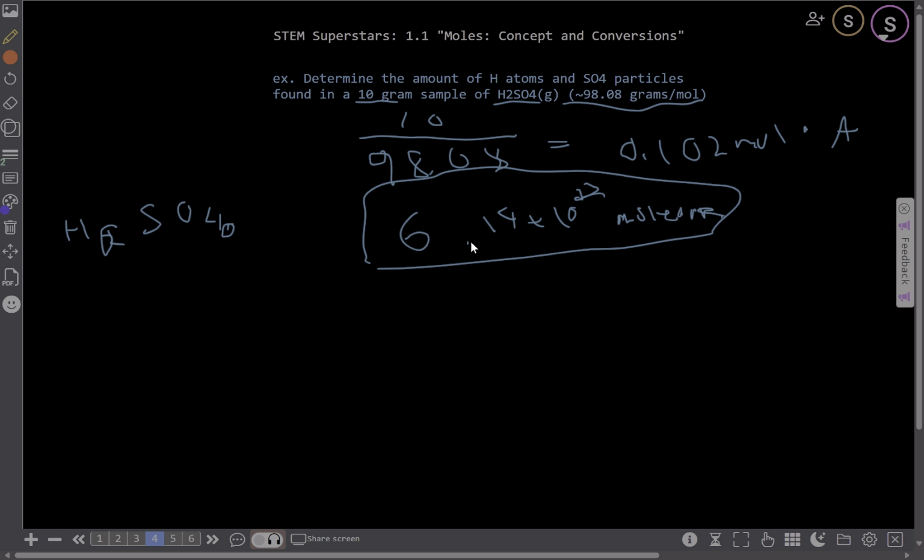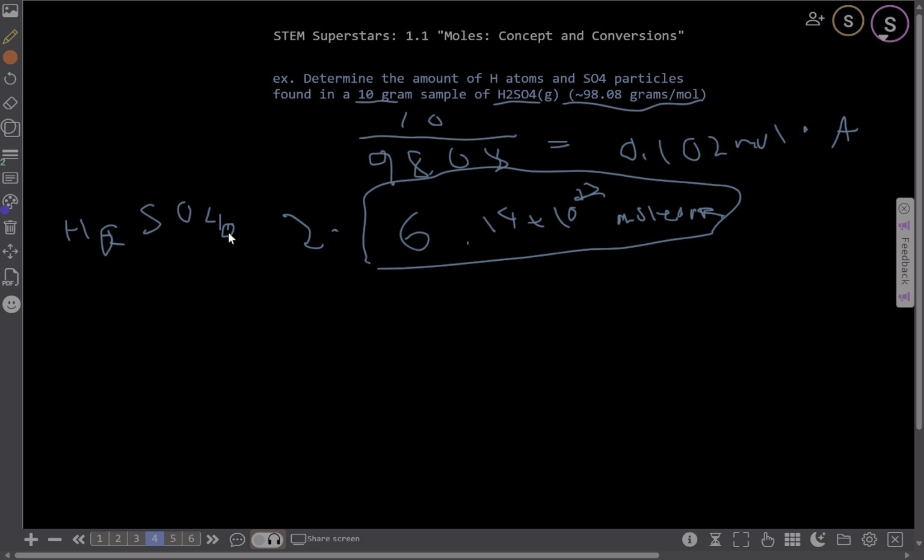So what we're going to do, which is a little bit of a bigger step than last question, is now you have to multiply this number by 2 to determine your amount of hydrogen atoms, because you have two hydrogen atoms in each molecule of the substance.